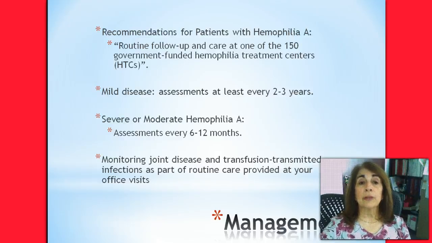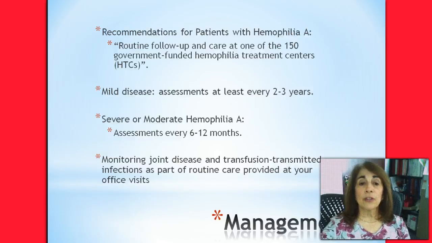As I mentioned, routine follow-up care should be at, there's over 150 government-funded centers in the United States. For those with mild disease, the assessments are recommended to be every 2 to 3 years at one of these centers.